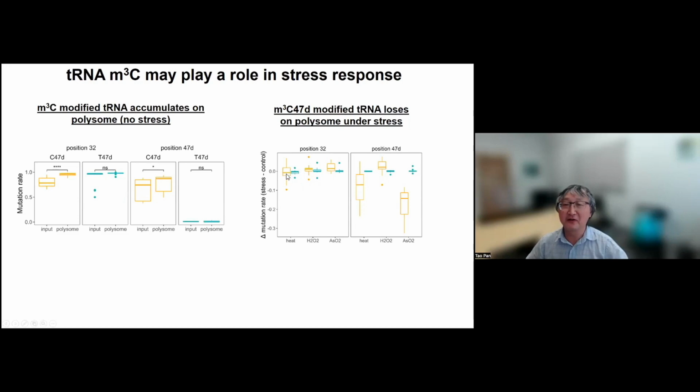You hardly get any change, maybe a little bit of increase, but the 47D starts to fall apart, especially under the arsenite conditions. So perhaps under a condition like arsenite, where translation activity is way down, the tRNA is helping to reduce the interactions of the 40S and 60S interface. Again, it would be consistent with this kind of interpretation.